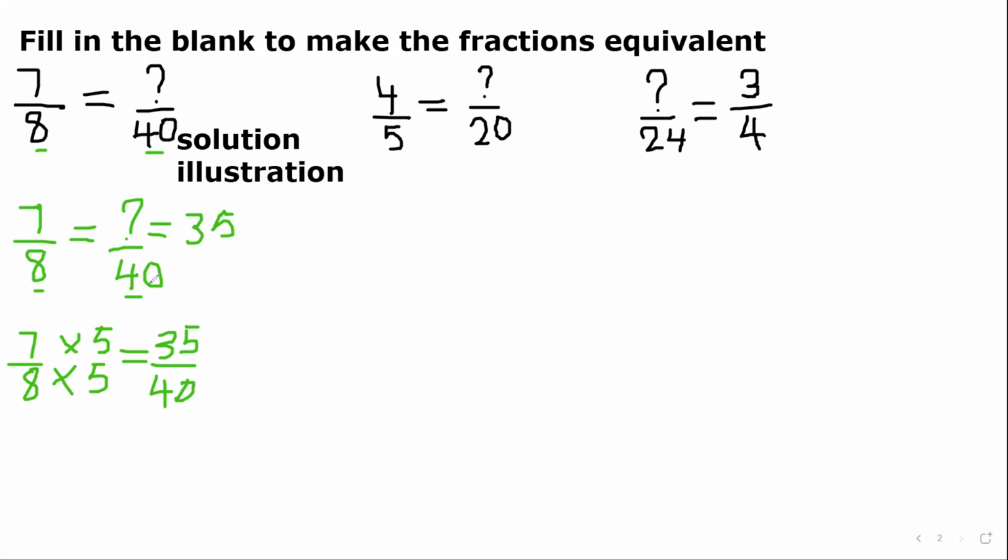Okay, now when you cancel 35 and the 40, if you still doubt, we have the 35 here over 40.